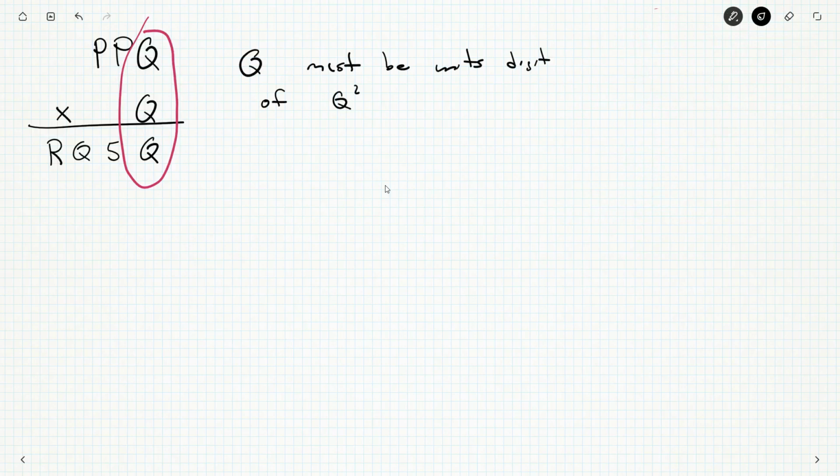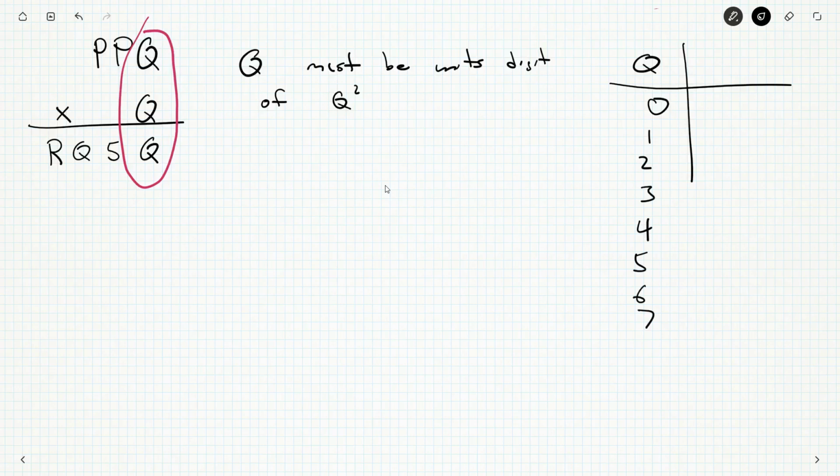Well, let's take a look. Q can only be certain things. None of these expressions have a leading Q other than the single Q here, so we still could have 0. We'll rule that out in a second. But they're all single digits, so we can make a list. Q squared is 0. Well, that ends in 0. 1 squared is 1.